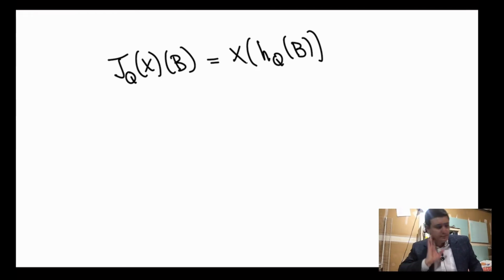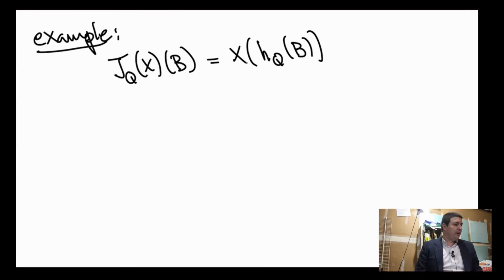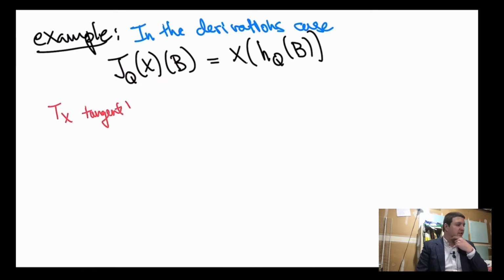All right, so I want to give an example here. In the case of derivations, I'm going to motivate something that I studied. In the case of derivations, this thing is just the tangent bundle.